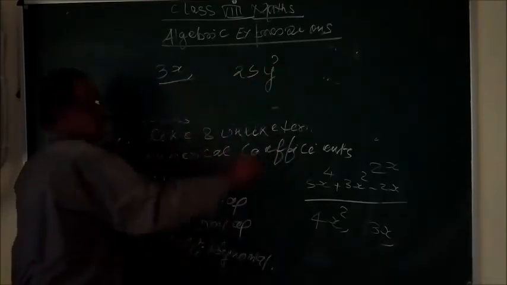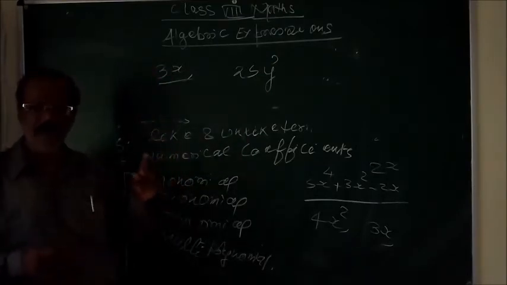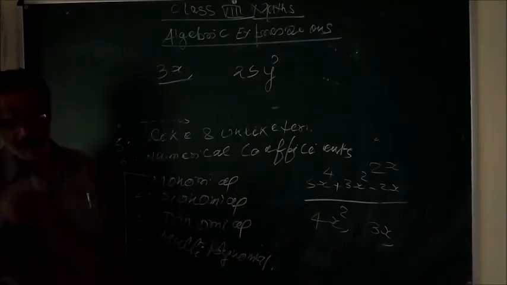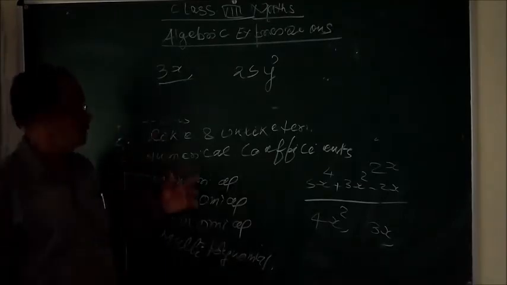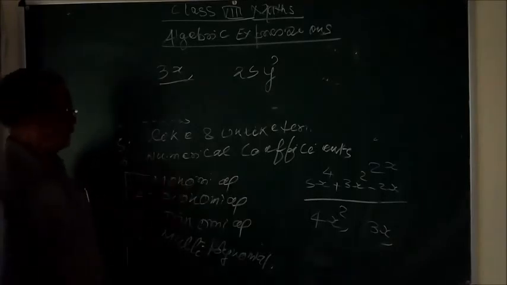How many terms? Only one term. So this is mono. Mono means single. If you find the meaning of mono, you can understand the meaning of monomial. An algebraic expression having only one term is a monomial.